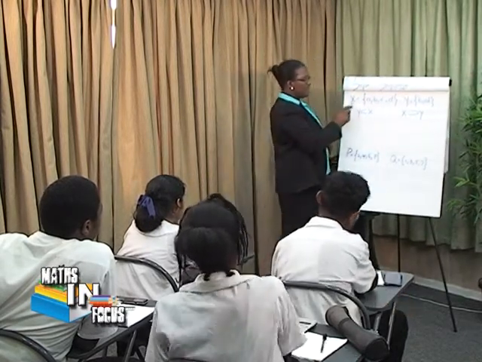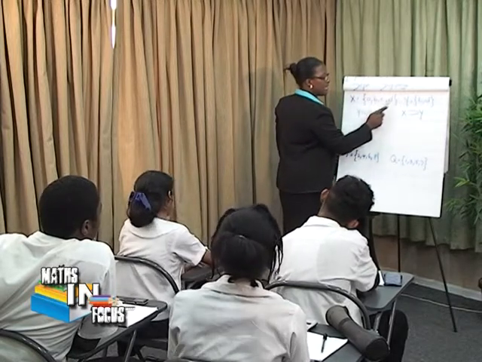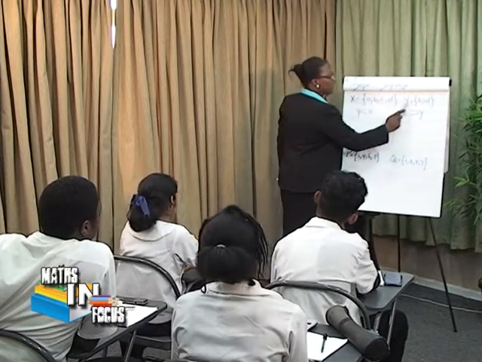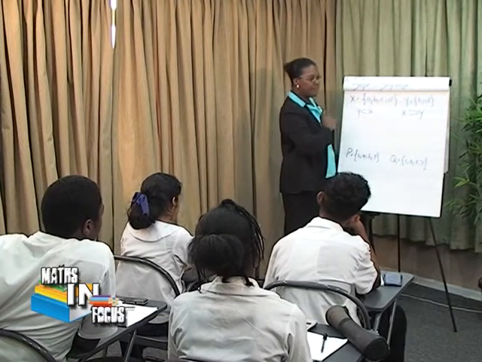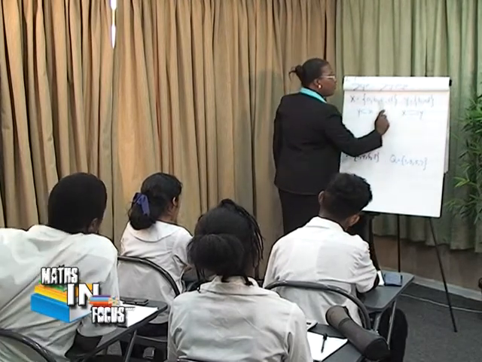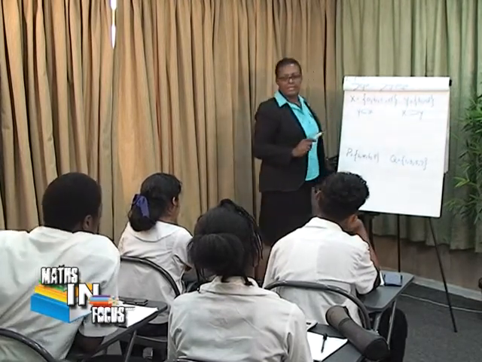We have the set X: A, B, C, and D. We have the set Y: B and D. Now, when we compare the two, what do you notice, Himala? We have different elements inside.